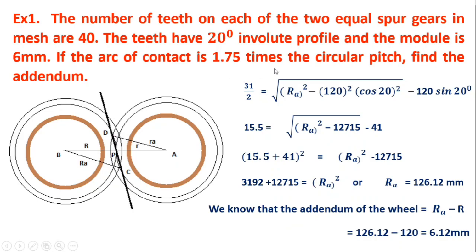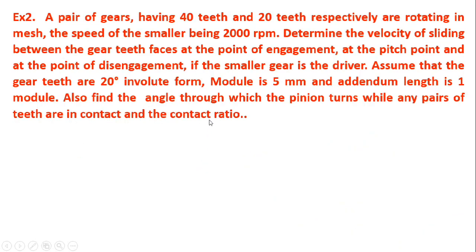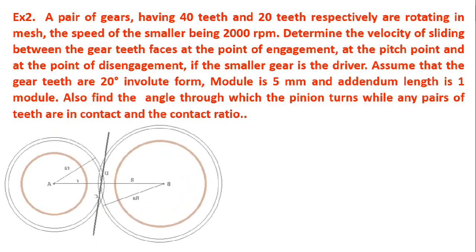So here we have made use of the length of arc of contact and the length of path of contact, and also the equation for circular pitch. Next we shall see the second example, in which we have gear and pinion of different dimensions. In the second example, it is given as a pair of gears having 40 teeth and 20 teeth respectively rotating in mesh, the speed of the smaller being 2000 rpm.